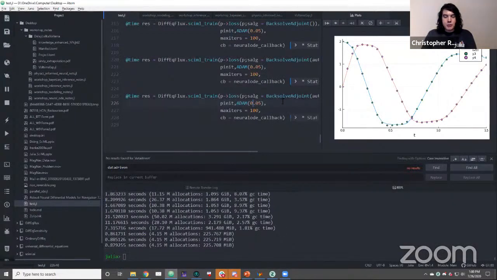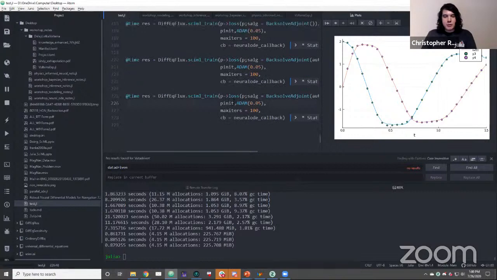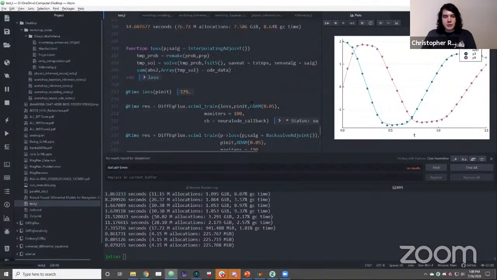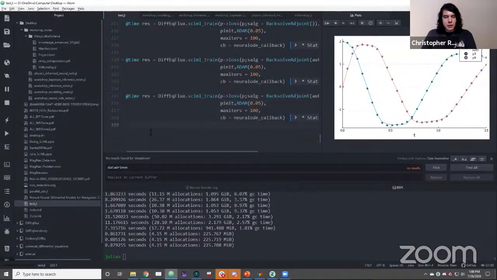So you see that when we utilize BacksolveAdjoint with this ReverseDiffVJP, we can get this a lot faster. And now let's see what happens when we chain that.